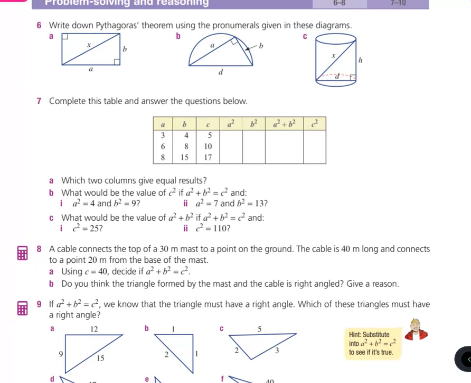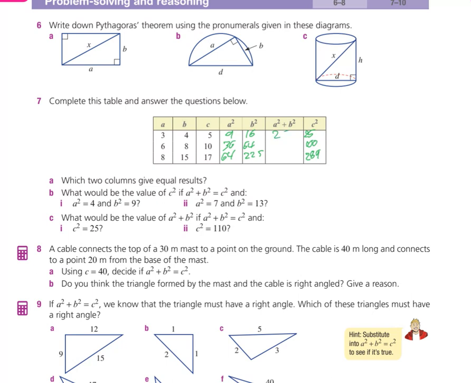Write down Pythagoras theorem using the pronumerals in this diagram. That should be fairly straightforward. I might fill out this. 3 squared is 9. 6 squared is 36. 8 squared 64. 4 squared 16. 8 squared 64. 15 squared is 225. 17 squared is 289. 100. 25.